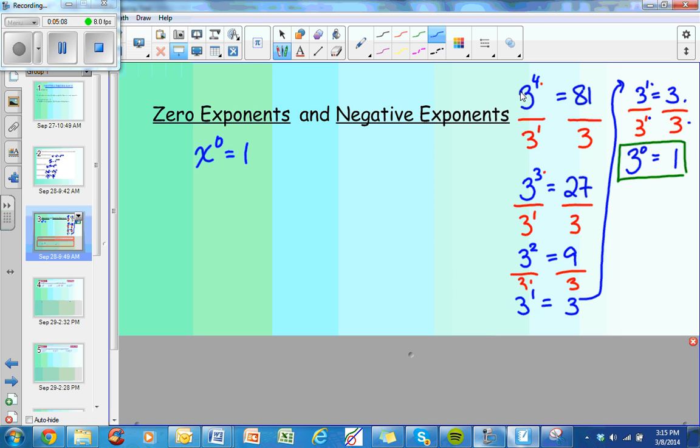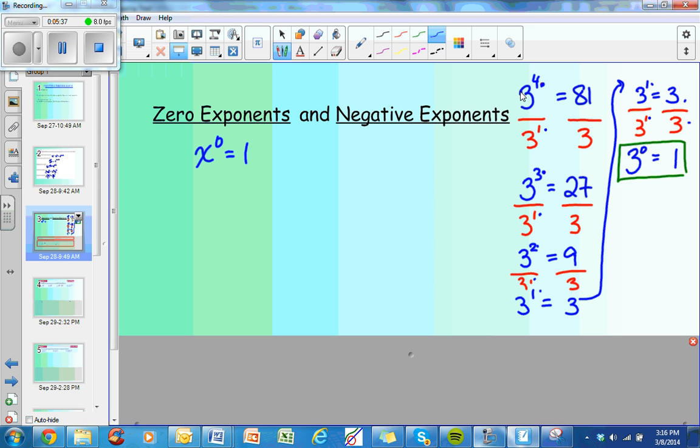Now with negative exponents, the way I like to show that is just to continue with this pattern. Notice that we started with 3 to the power of 4. I divided by a 3 to the first. I subtracted my exponents to get 3 to the third. When I divided again by 3 to the first, 3 minus 1, subtracting the indices, I get 3 to the second. When I divide again by 3 to the first, 2 minus 1 is 3 to the first. This up here was just recopying.